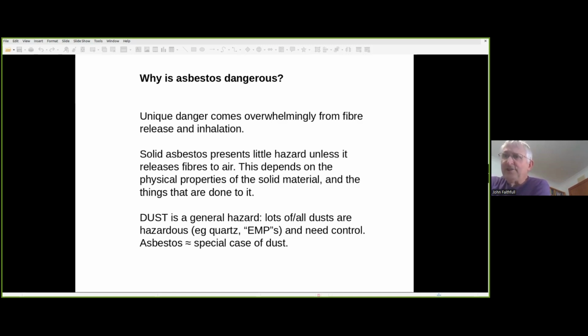So dust is a general issue, and asbestos is a special case of it that has its own particular legal frameworks. But I think in terms of thinking about safety, dust is a very useful starting position.